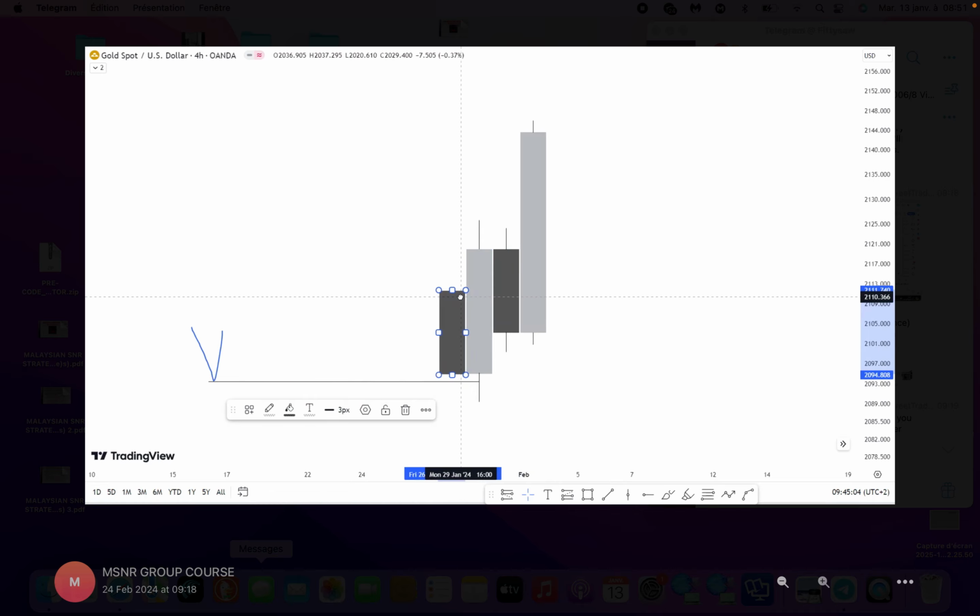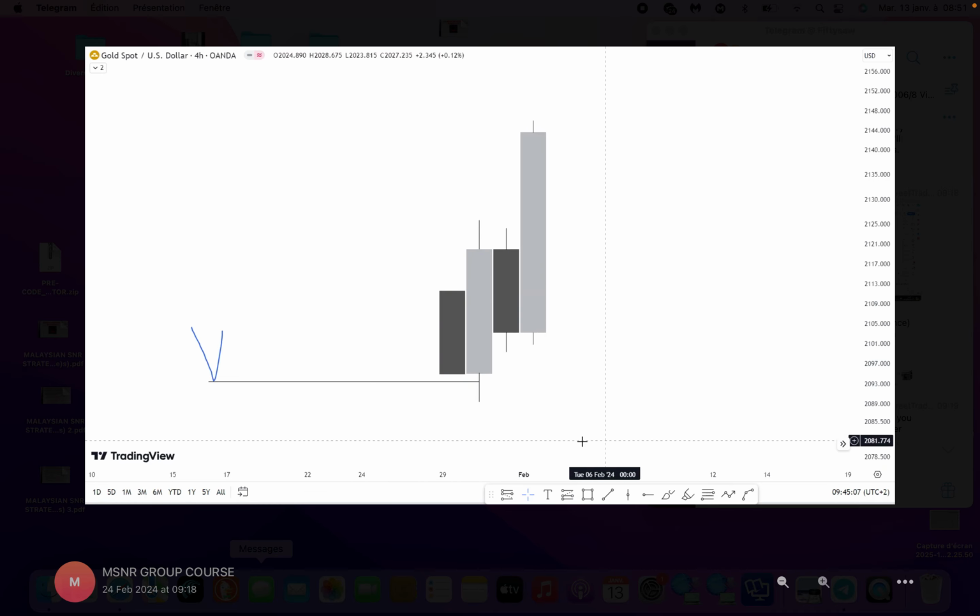Although it wasn't part of the plan, but it's okay. So I'm gonna draw it like that. Actually, let me leave it like that. I'm being very slow right now.